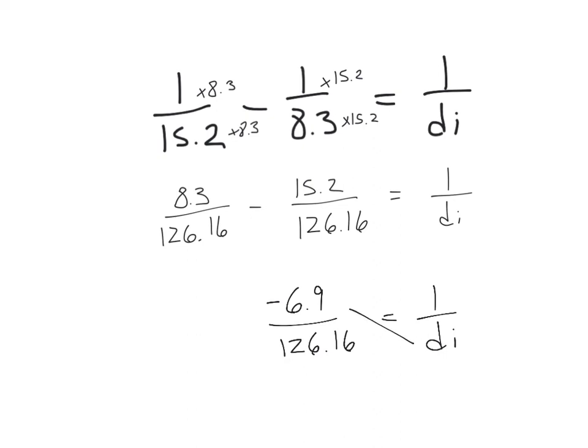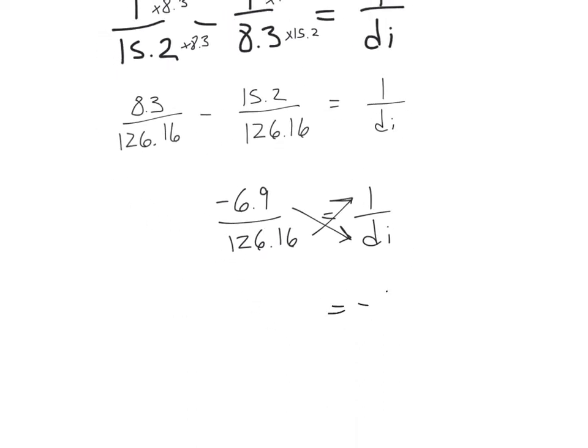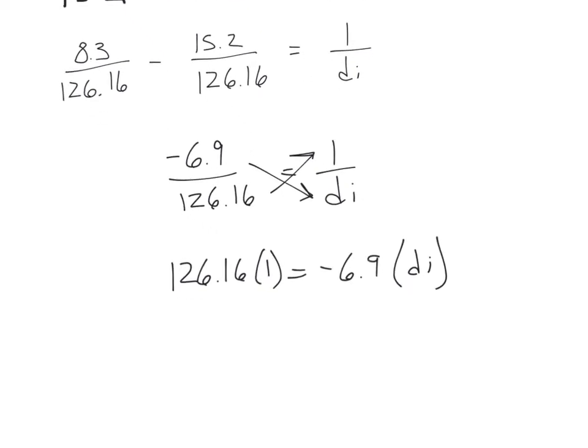Now what I can do is just cross multiply. So that leaves us with negative 6.9 times di equals 126.16 times 1. I could add that 1 in there if I wanted, but I don't care that much.